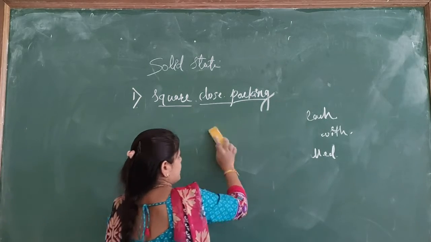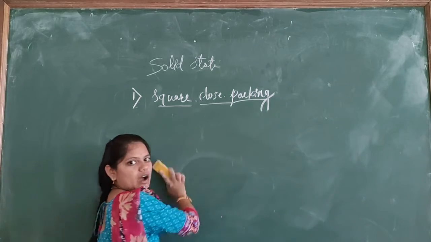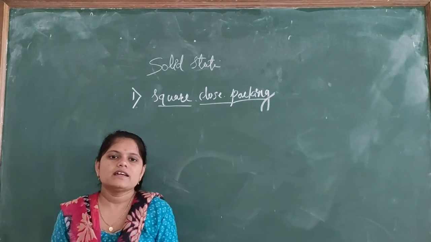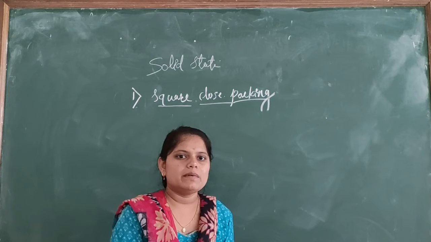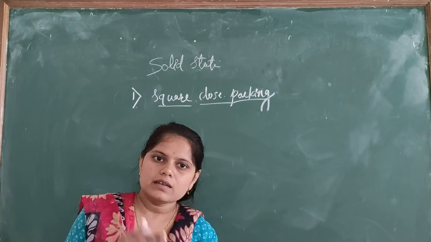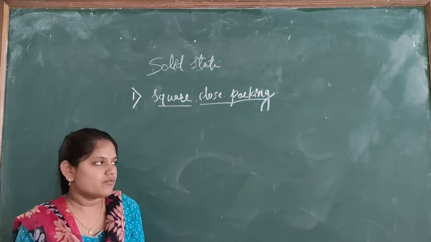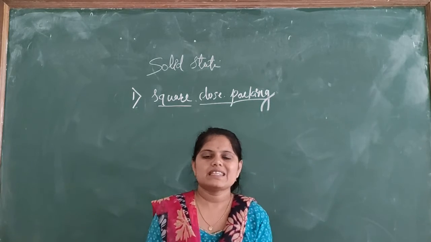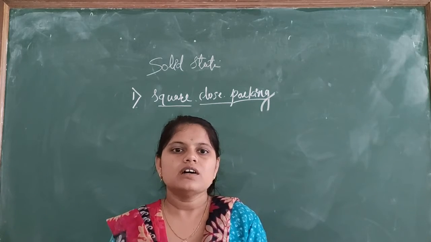Okay, I will show that arrangement. So how will it happen? In square close packing, the second row will remain in contact with the first row. As much as possible, the second row will be present exactly above the first row.